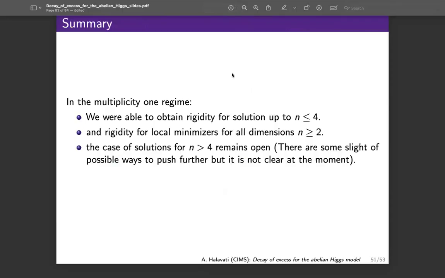So in summary, we were able to obtain rigidity for solutions up to dimension 4. We were able to also obtain rigidity for local minimizers in all dimensions. The case of solutions for dimensions bigger than 4 is still open. There are some hints on how to push further. There's some XS3 that we didn't write down that connects this XS1 and 2 together.